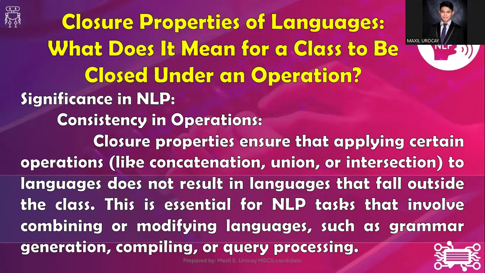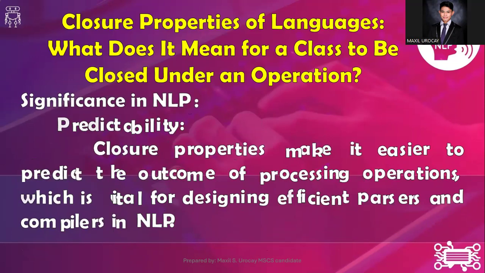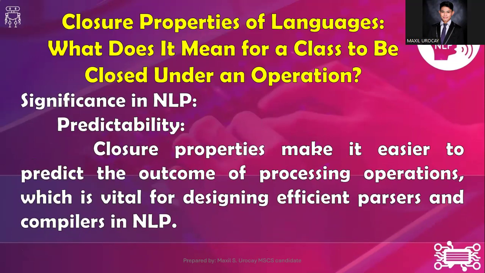Now, next, in terms of predictability, the closure property makes it easier to predict the outcome of processing operations, which is vital for designing efficient parsers and compilers in NLP.